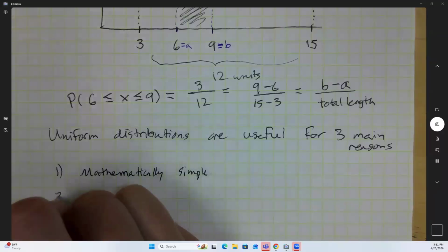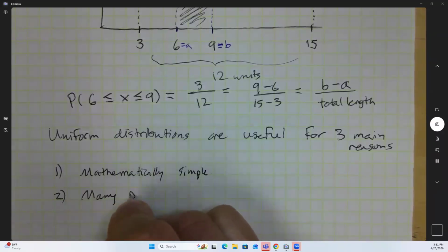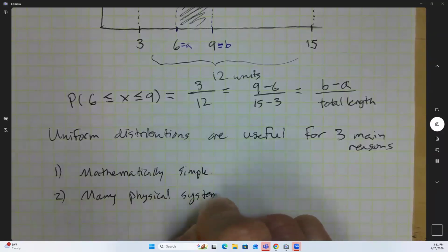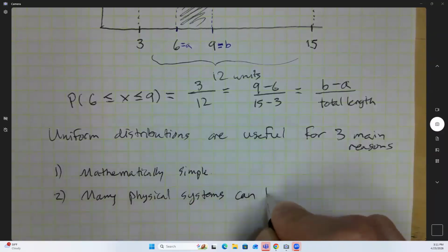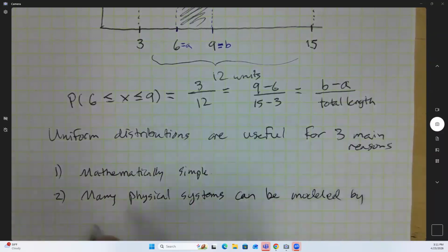Second, many physical systems can be modeled by a uniform distribution.